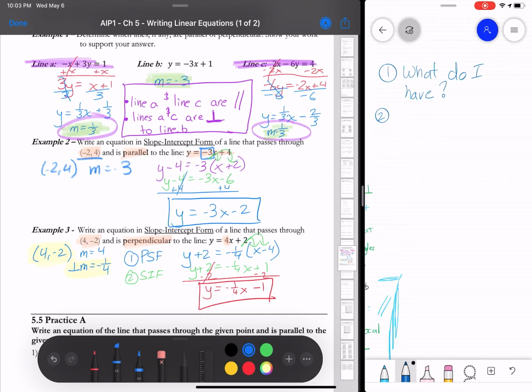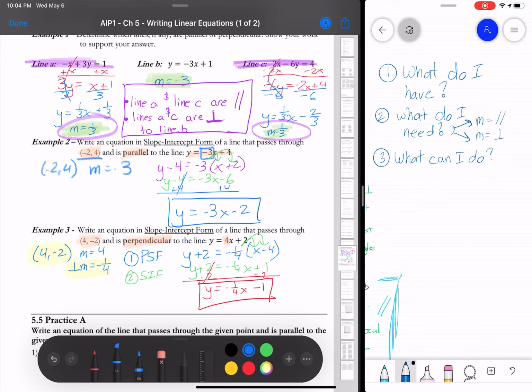Step two, what do I need? Do you need a slope that is parallel, or do you need a slope that's perpendicular? You have to figure that out. And then step three, you ask yourself, what can I do?